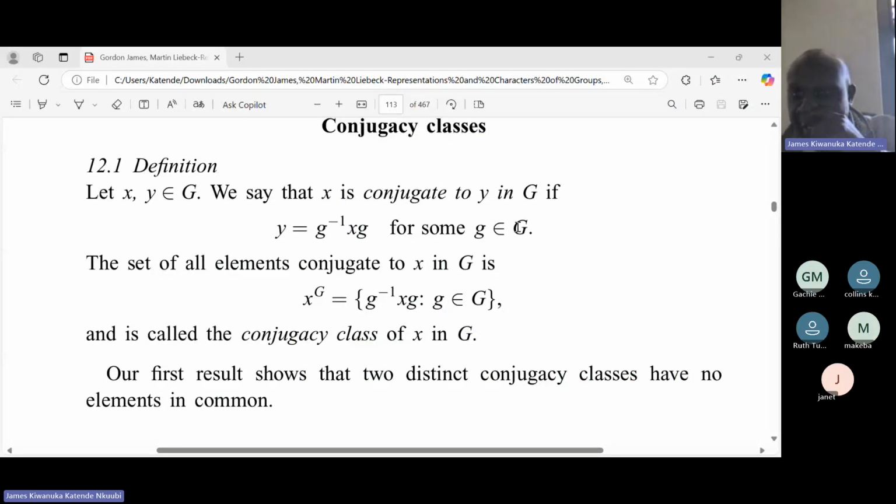I've tracked the page, so now I can share. So you can see the screen. Yes. Yeah, good.